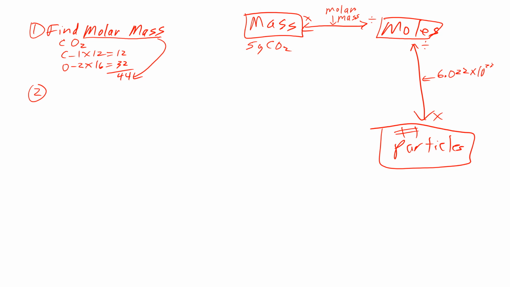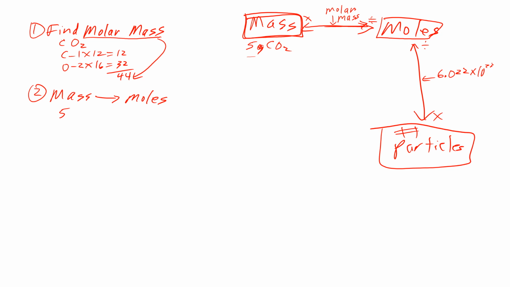Okay. Step 2, I'm going to change from mass to moles, looking at the chart, where I'm starting here, and I'm going over to the moles box, and it says I divide. I'm going to take my 5 grams divided by the molar mass, which is 44.